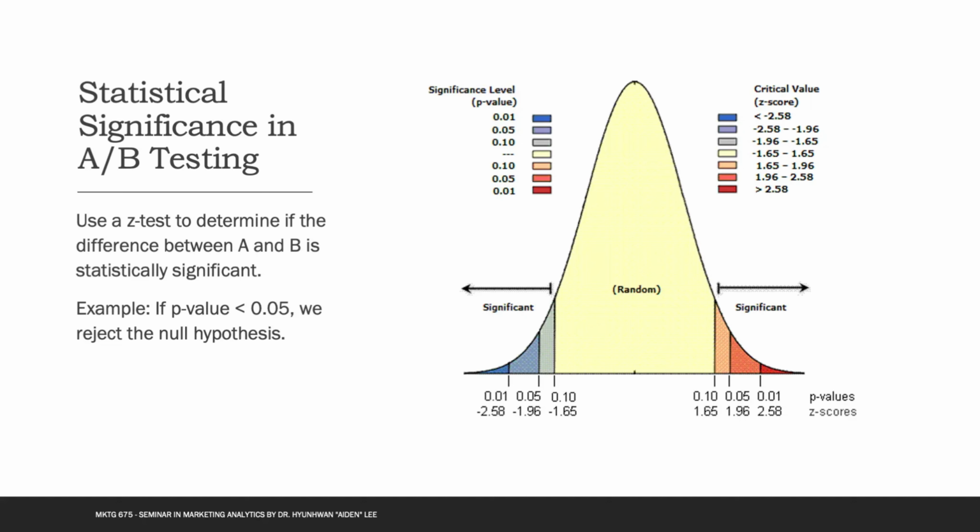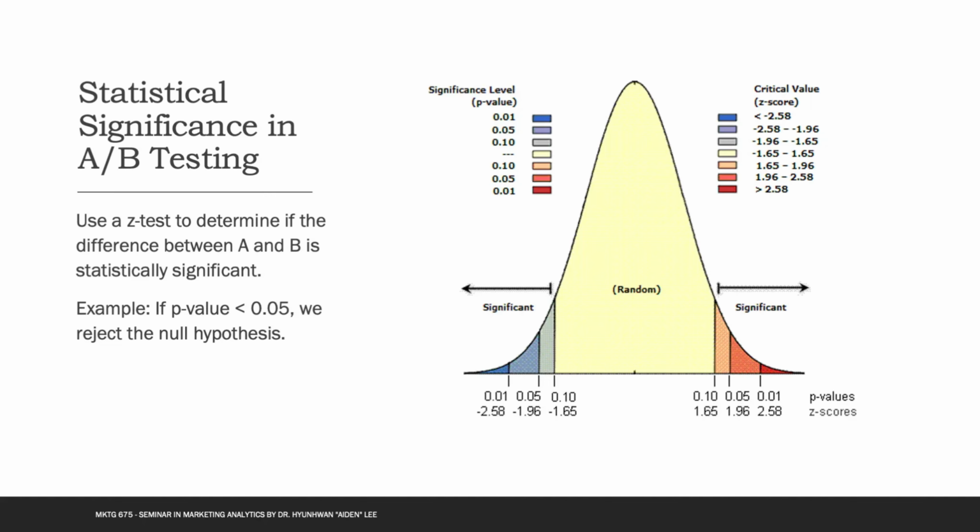Now let's talk about statistical significance in this A/B test. The curve you see is the distribution of differences we would expect only from random noise when there is no true effect. The shaded tails on both sides mark the rare, extreme outcomes. A z-test takes our observed difference, turns it into a z-score on this curve, and then asks, if there is really no difference, how often would a gap this large appear just by chance?